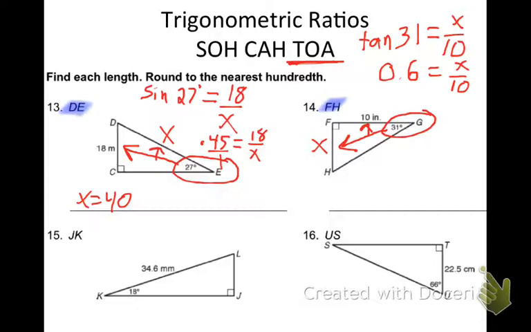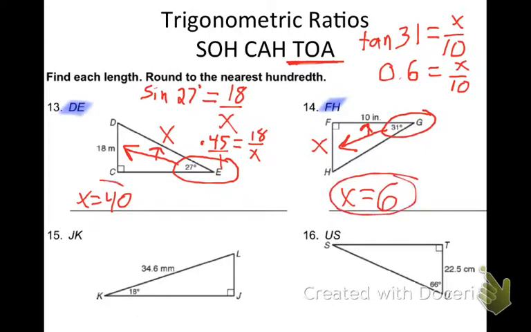Now, what's the one step I have to do here to solve for x? All I have to do to both sides is multiply by 10, just to get x alone. So I take 10 times 0.6, and x comes out to be 6.